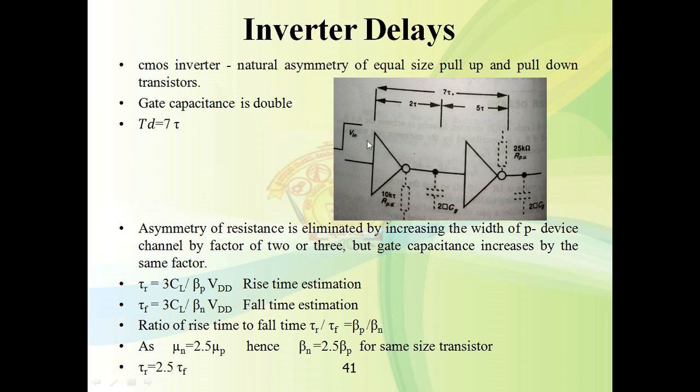Here it is minimum feature size, here it is also minimum feature size, 1:1 transistor, and for a 1:1 transistor 1 square Cg. So total capacitance is 2 square Cg at the input of the CMOS inverter, as shown.